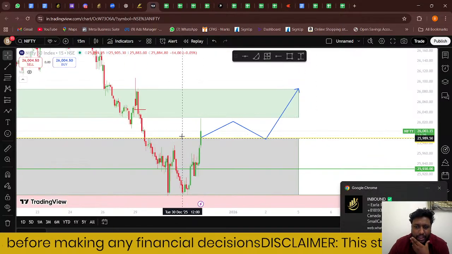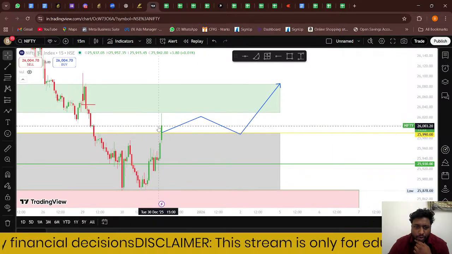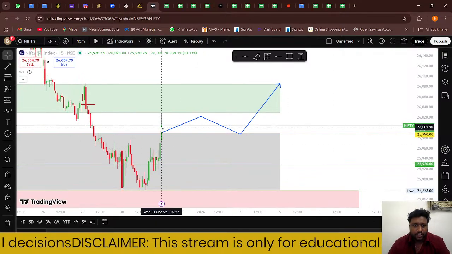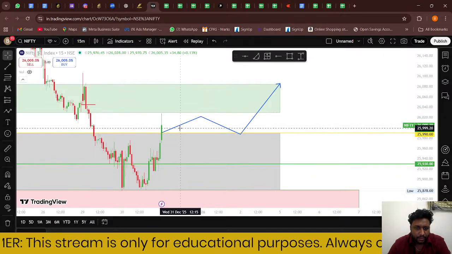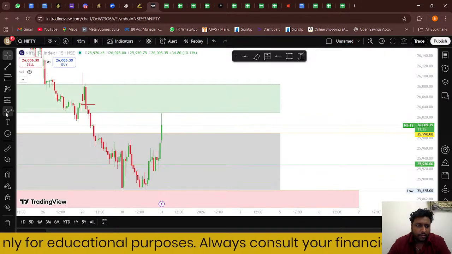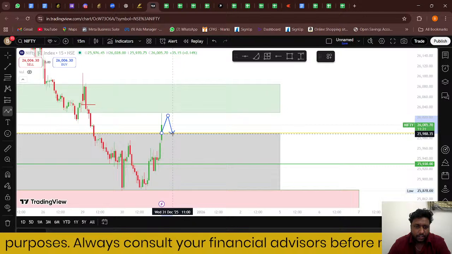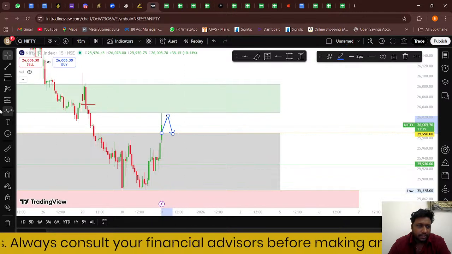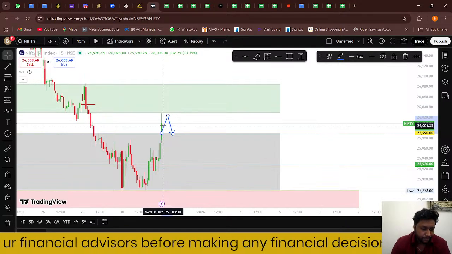This is just a view of the market, but we will wait for the closing above this level, and when we get that pullback, we can plan for an entry from this level.